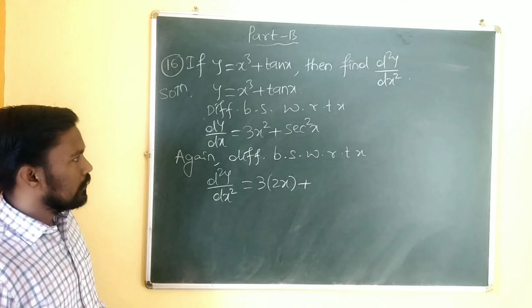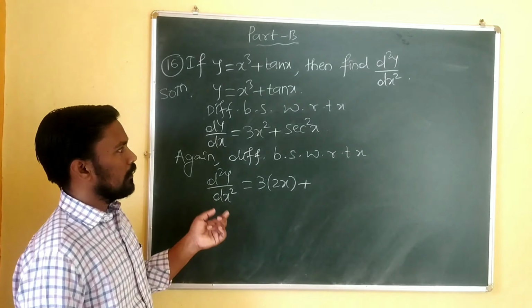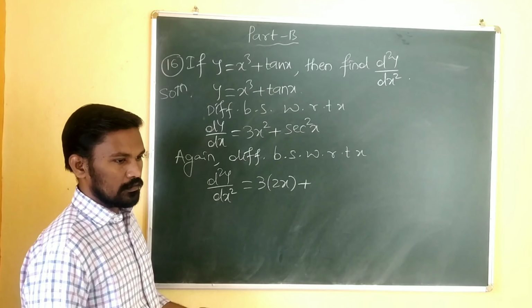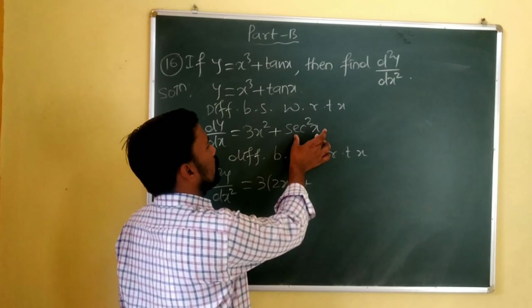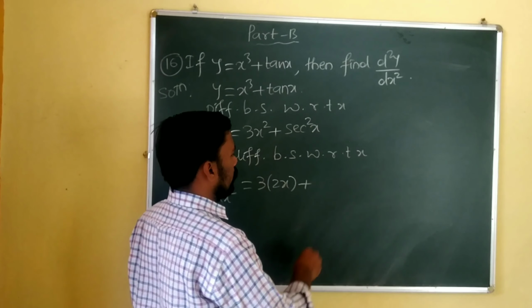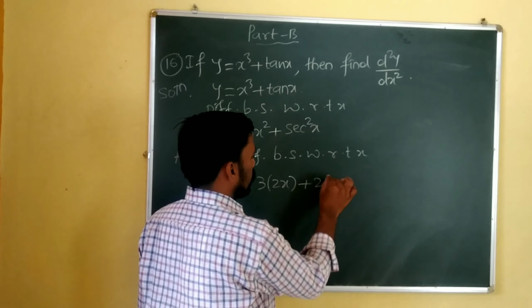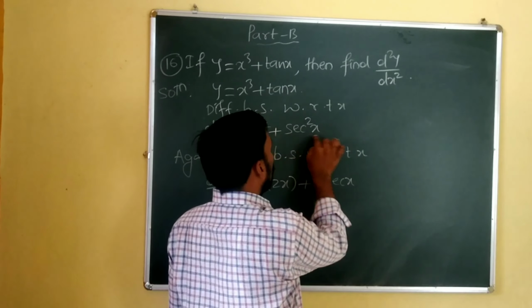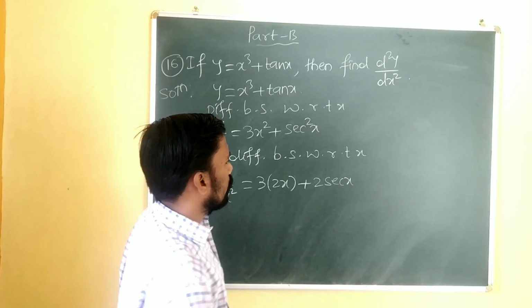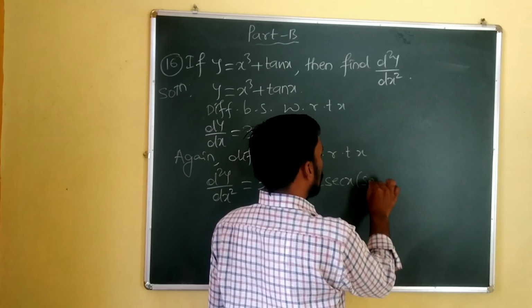Plus, look at the second term. The derivative of sec x is sec x into tan x, but here we have secant square x. Here, since it is a power, apply the chain rule. For that, treat this sec x as simply x. The derivative of x square is what? 2x. So it is 2 into sec x, and take the derivative of the base. The derivative of sec x is sec x into tan x.